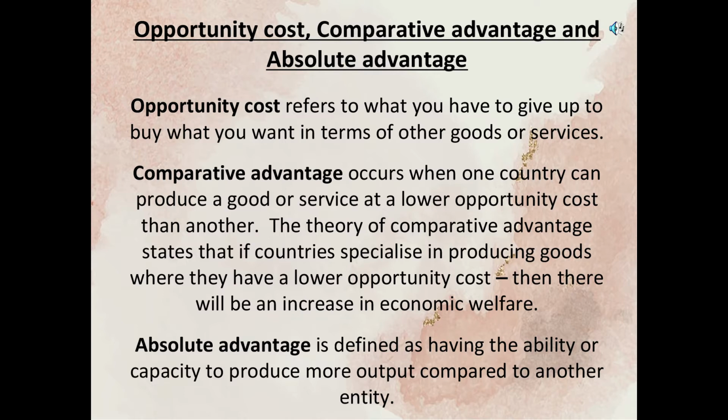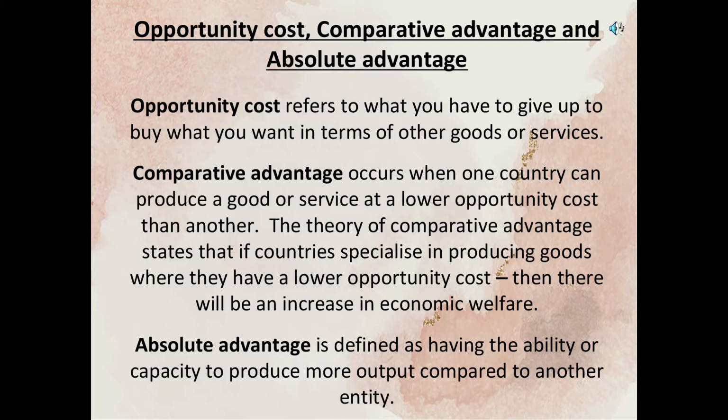Comparative advantage occurs when one country can produce a good or service at a lower opportunity cost than another. So, when we say lower opportunity cost, what do we mean by that? That means you have less to give up, right?